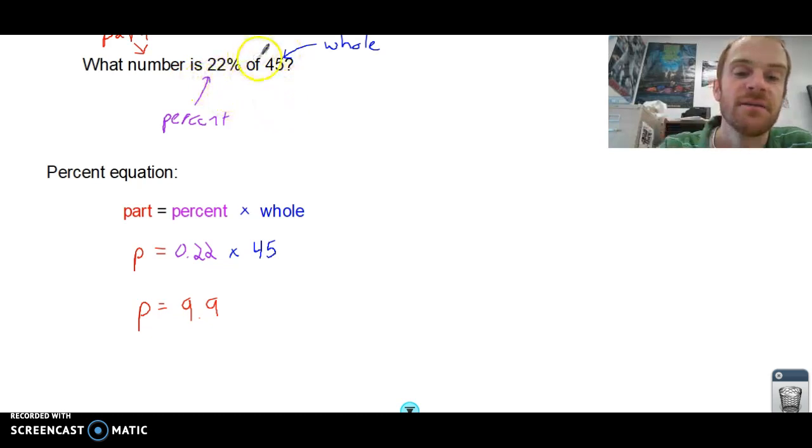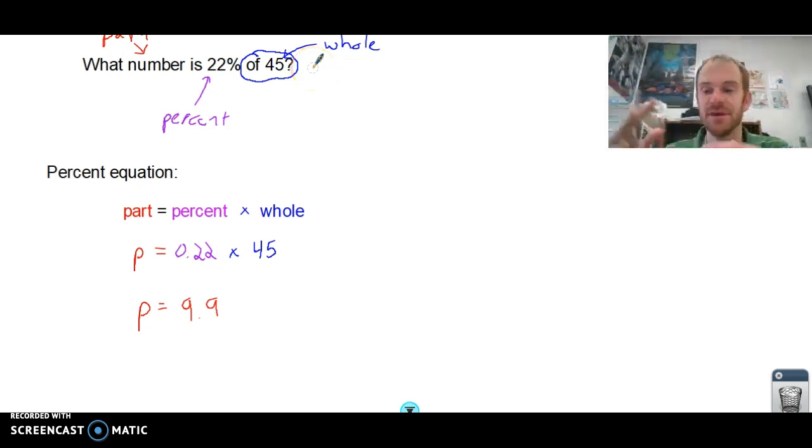Well, I'll tell you that the word "of", and whatever number is associated with that, is usually talking about the whole amount. So 45 is the big number. And I want to know, what number is 22% of that? If I wanted to know what number is 100%, that would be 45. So I'm not asked for 100, I'm asked for less than 100.